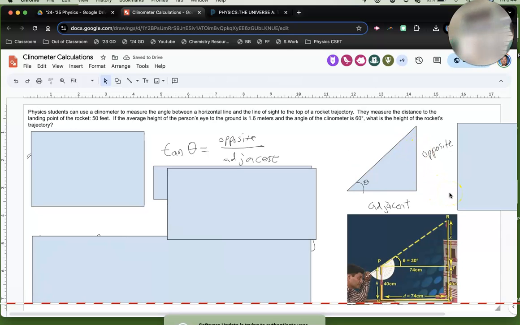So you have an adjacent side and an opposite side, and then you have an angle theta. This is just like the triangle in our scientist example. Technically, there's two triangles, but he just needs to find the triangle opposite side that is above the clinometer, and then he'll just add the height from underneath.